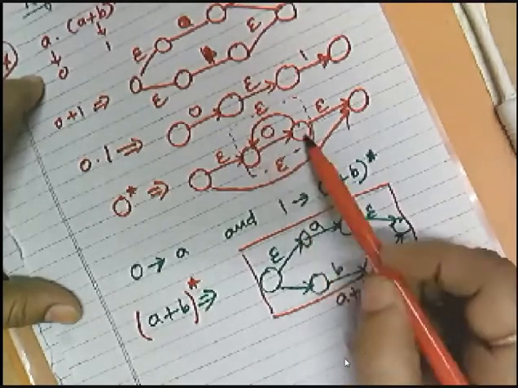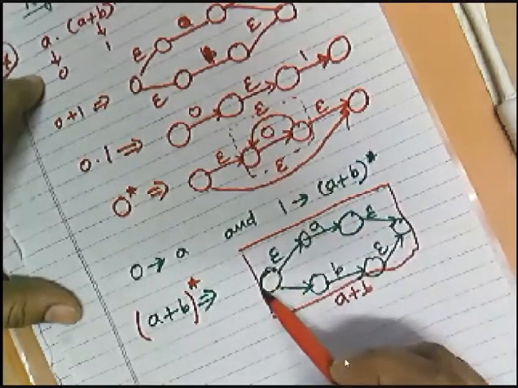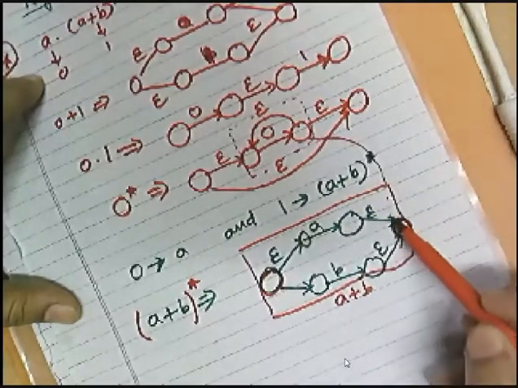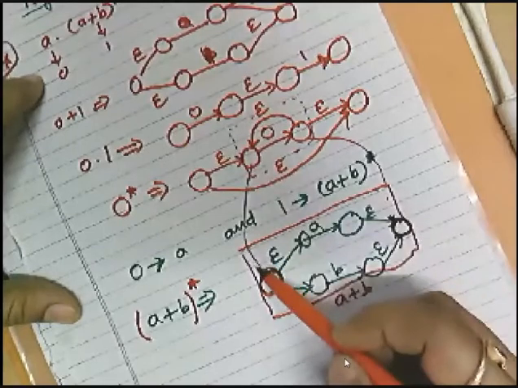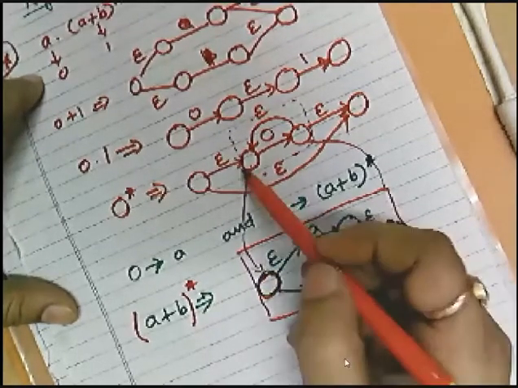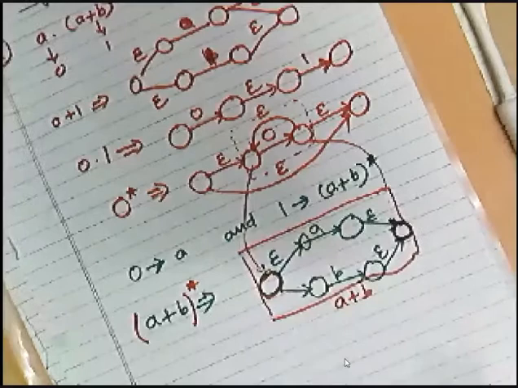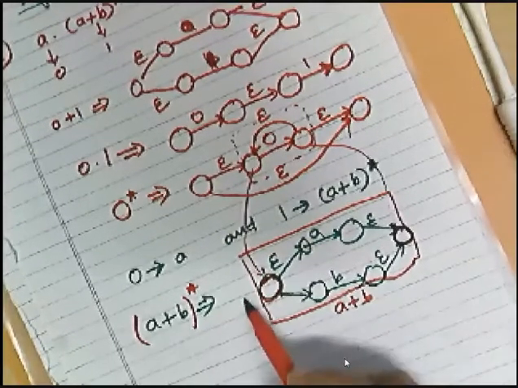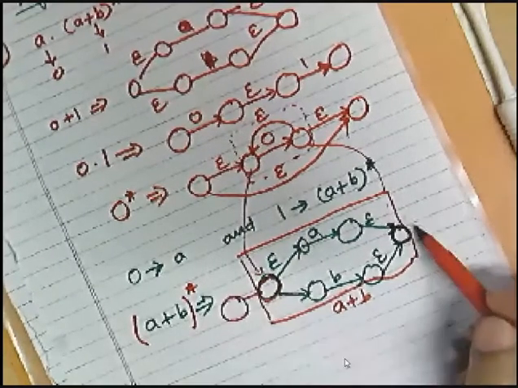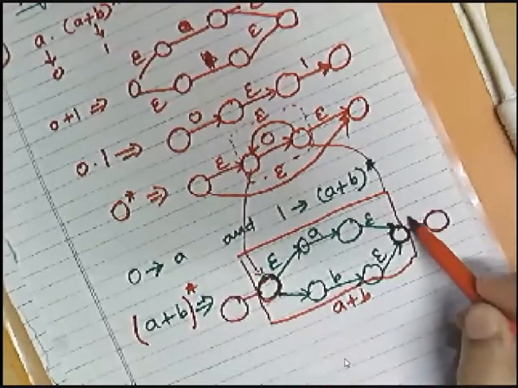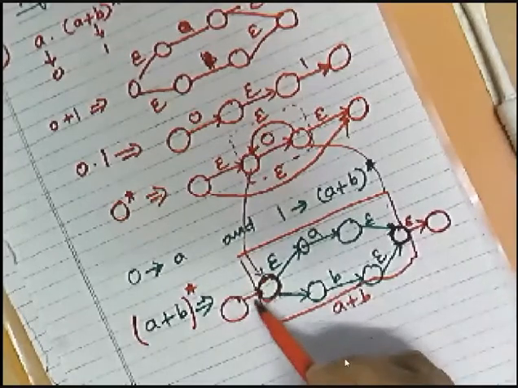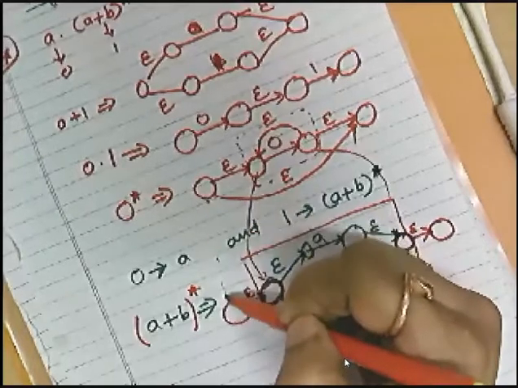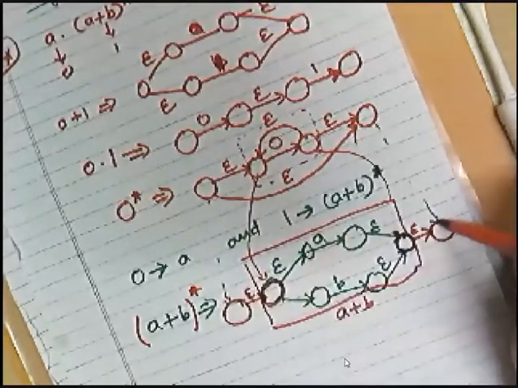So these two states correspond to this state and this state, right? Now we want to add these 2 more states, right? So we will be adding these 2 more states on the left hand side and the right hand side with the epsilon move, right? So now this is corresponding to this, and this is representing this.